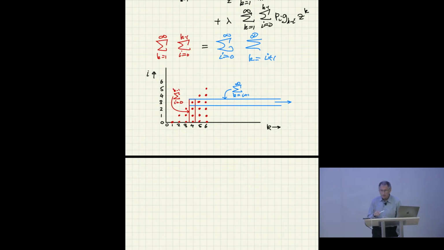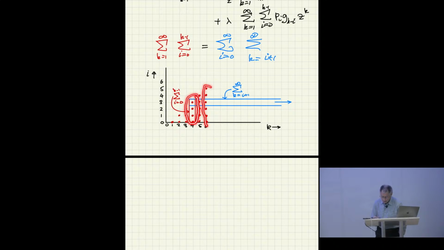Anybody have any question about why I've gone from red to blue to change the order of summation, and the range is correct? Either you're running a bunch of these red vertical blocks.